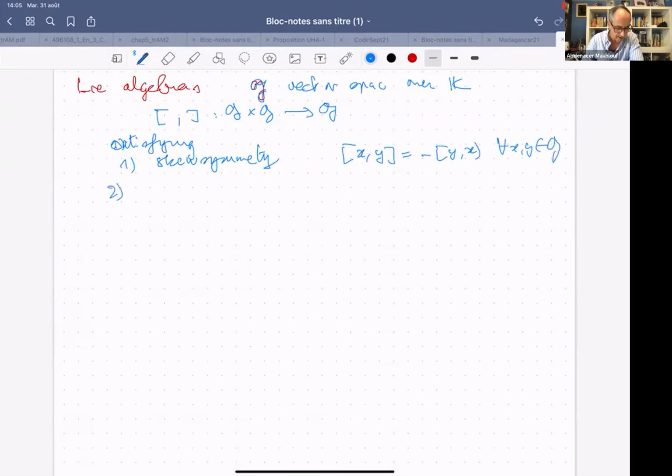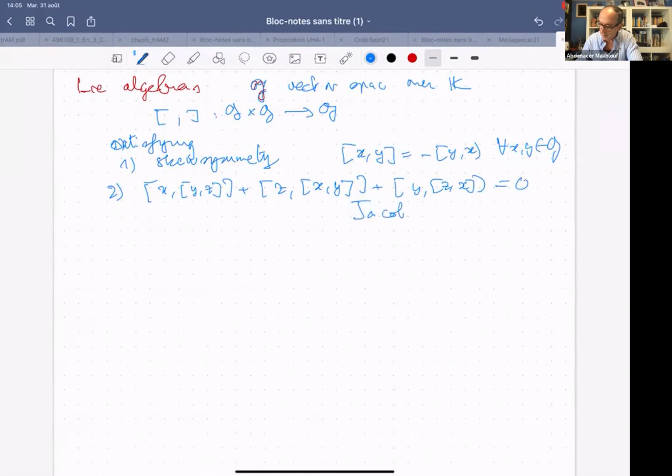And the second condition is the so-called Jacobi condition, which is [x,[y,z]] plus [z,[x,y]] plus [y,[z,x]] equals 0. And this is the so-called Jacobi condition.